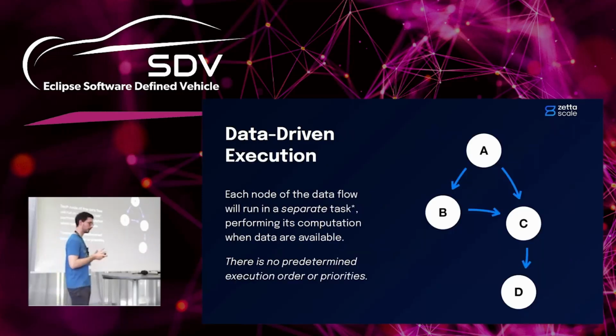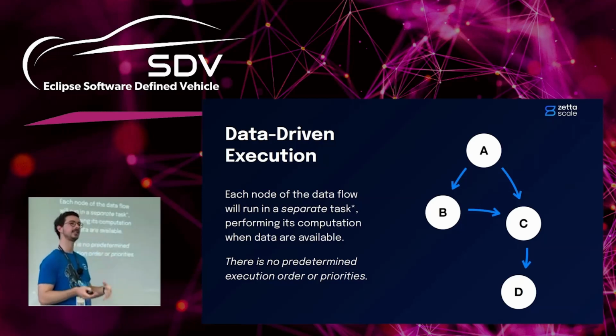Talking about how Zenoh-Flow is right now, we have a data-driven execution model. If we look at that graph, each node is running in a separate task, and it's basically waiting for I/O. If there is one I/O that is available, then the async executor will run your node. There is one issue with this.